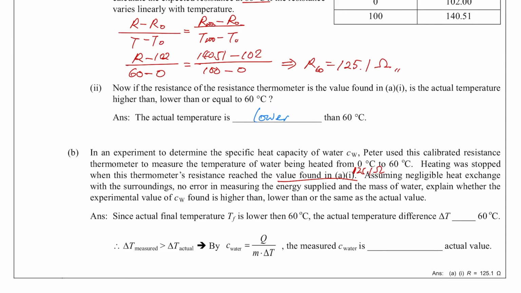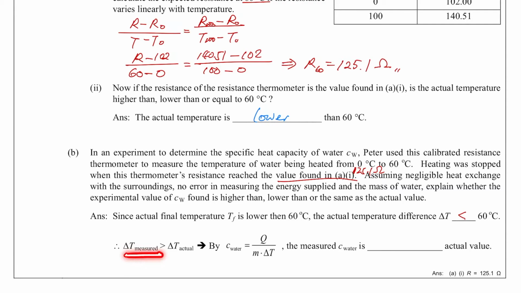Okay, so now the resistance is 125.1. Peter thought the temperature is 60 degree. However, the temperature is actually lower than 60 degree. Therefore, the actual temperature difference is less than 60 degree.